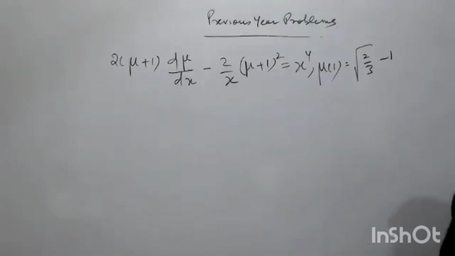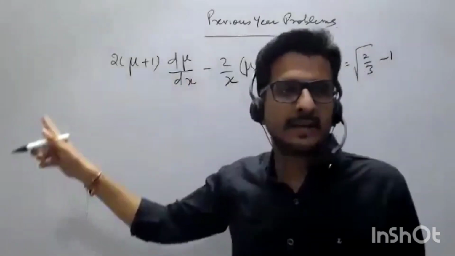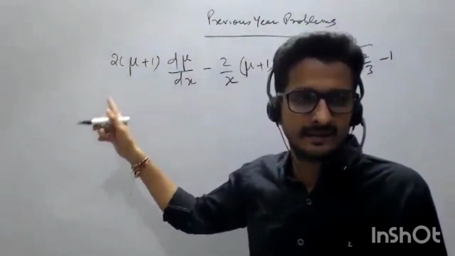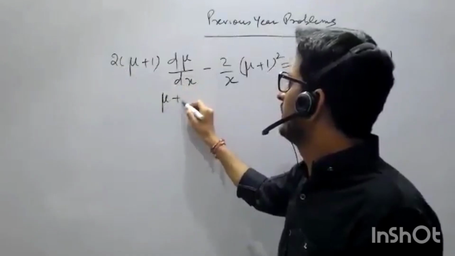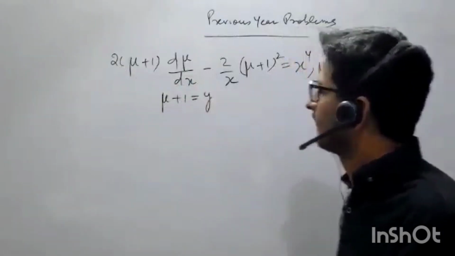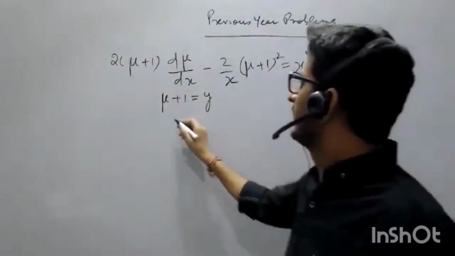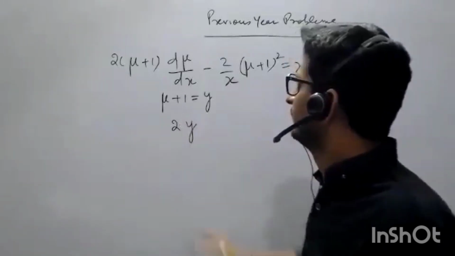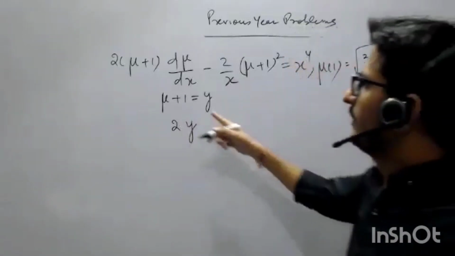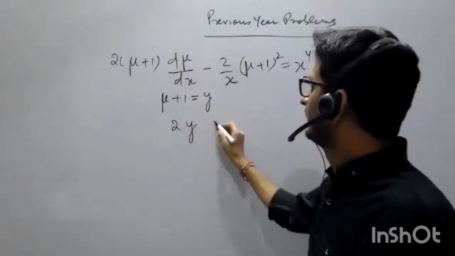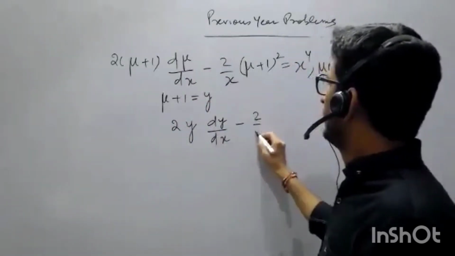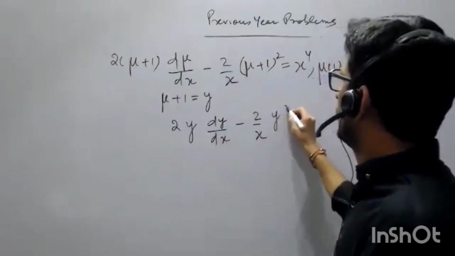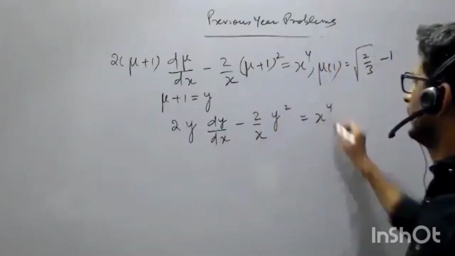So you can see this mu plus 1 is creating a problem. It is here and here too. So why not simplify it? Take mu plus 1 as y. So my equation will become 2y, and what will d mu by dx be? dy by dx minus 2x y square is equal to x to the power 4.